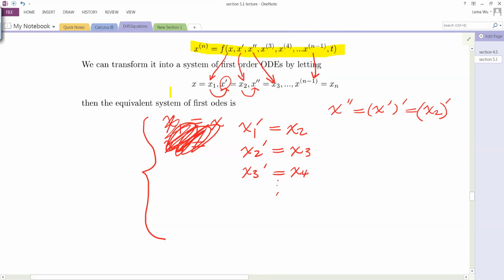All of these are first order differential equations about the variables x1, x2, x3. And then once we got to here, what do we say? We got x(n-1) prime equals x of n. Is that good so far?